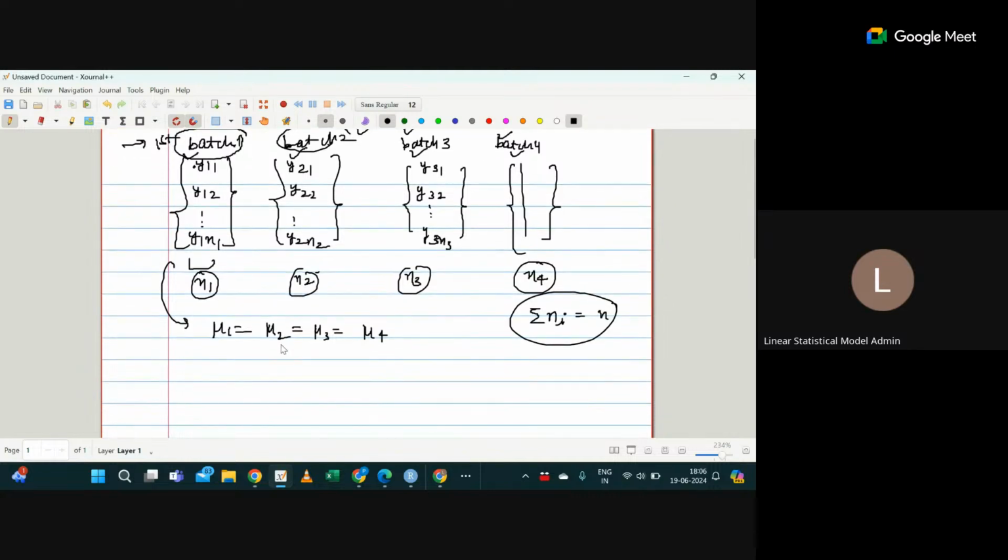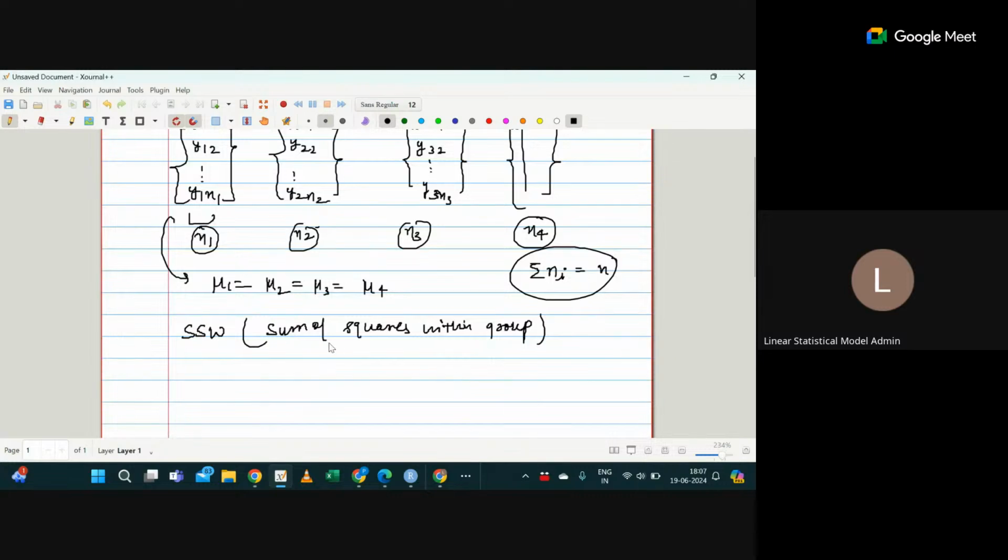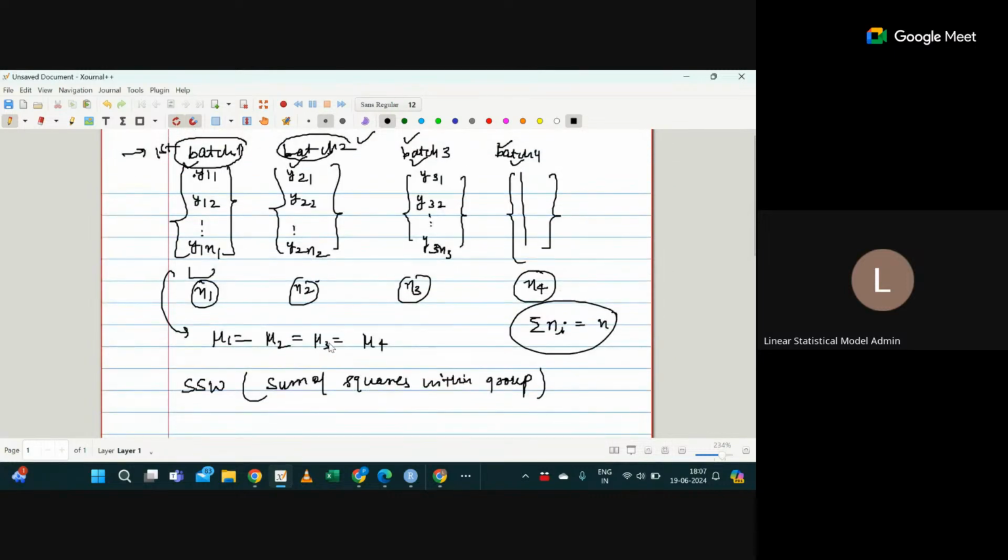So that's why we are talking about SSW, which means sum of squares within group. Are you getting my point? So within group we are first of all talking. We made four batches, but we should be interested, first of all, in the hypothesis that all mu i should be equal.